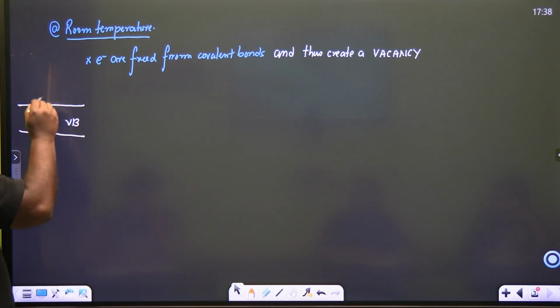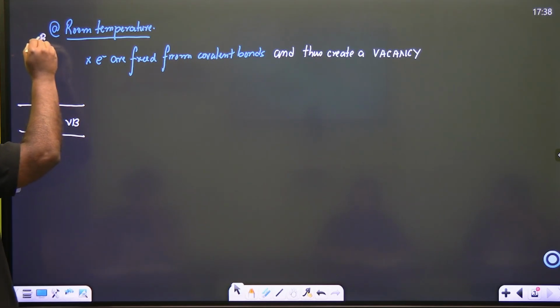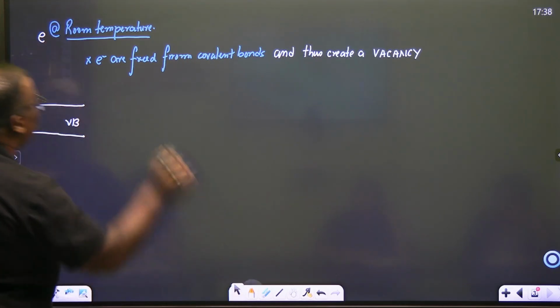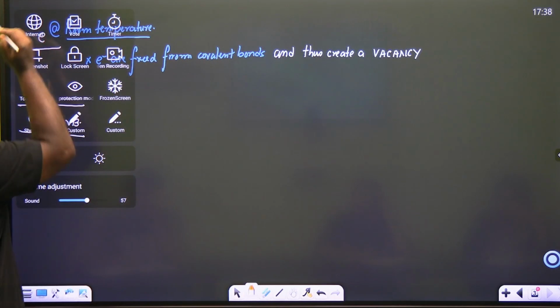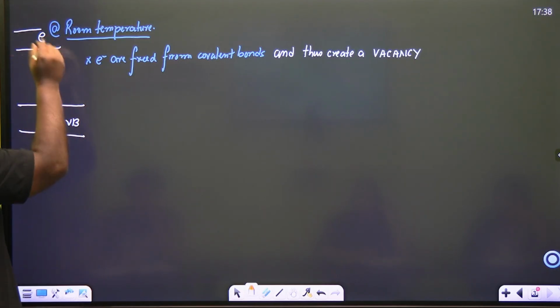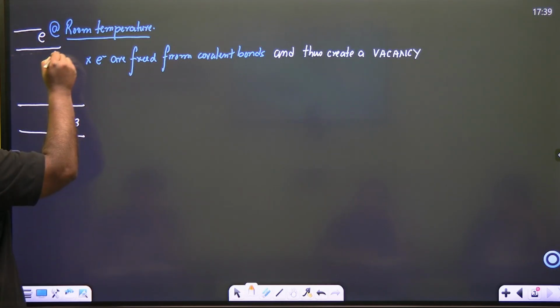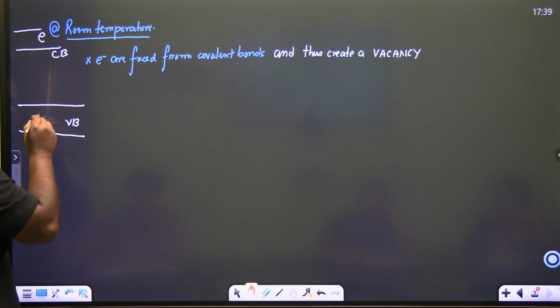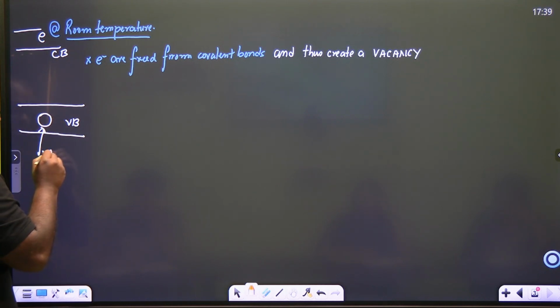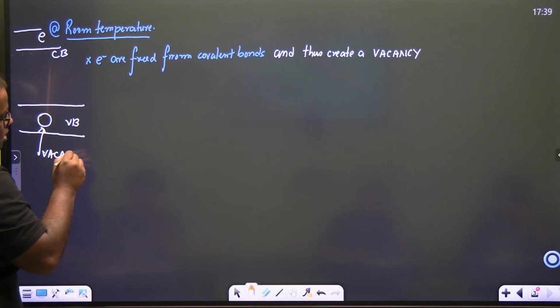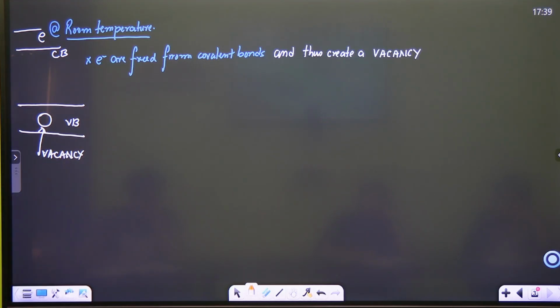As such, this electron gets freed and it moves where? To the conduction band. Is this understood? It has moved to the CB, and here it has created something known as a vacancy. You have to accept the concept.